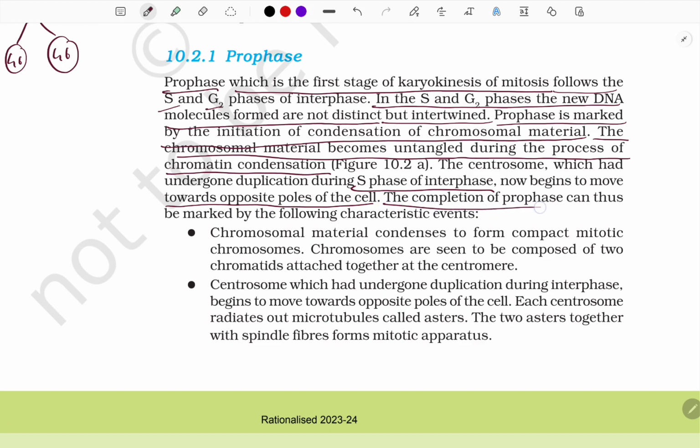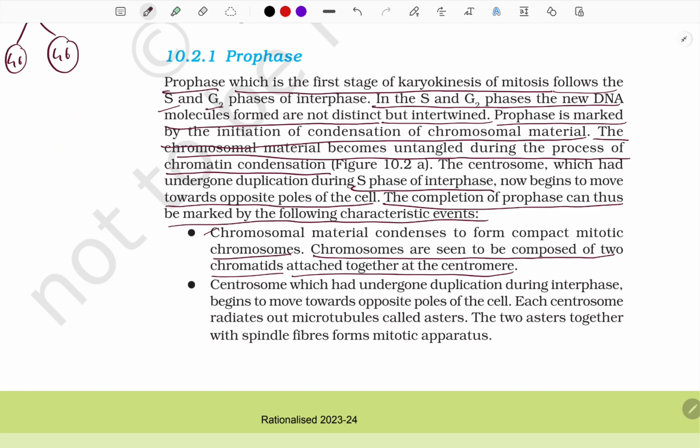The completion of prophase can thus be marked by the following characteristic events. One, the chromosomal material condenses to form compact mitotic chromosomes, and chromosomes are seen to be composed of 2 chromatids attached together at the centromere.